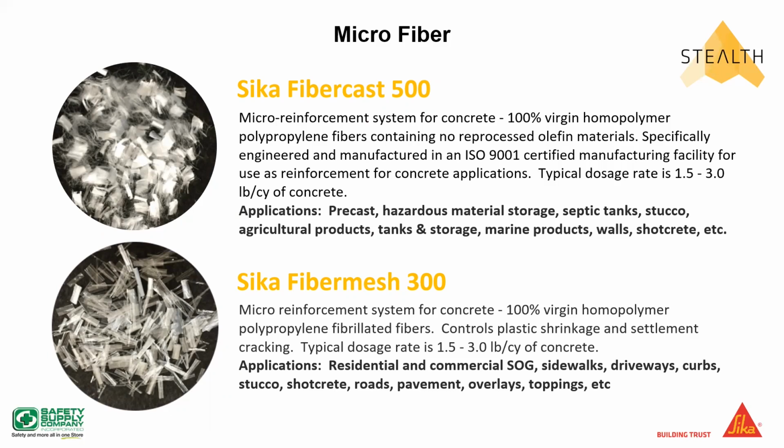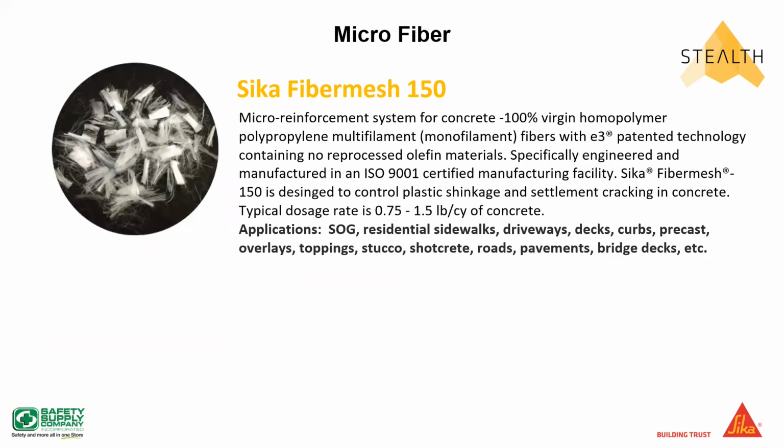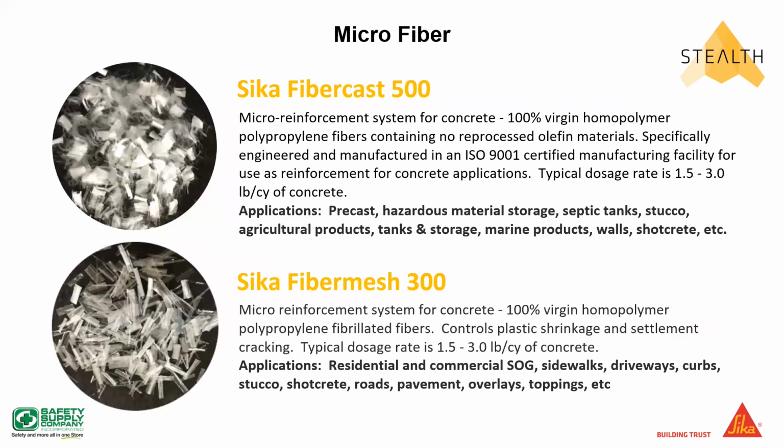I did want to share one other product with you. This is our Sika Fibermesh 150. This is a multi-filament product that we sell a lot of in the States. It's just another microfiber that we have, and whether it's the 150 or the 500 or the 300, all of these products are great products to use on residential projects.